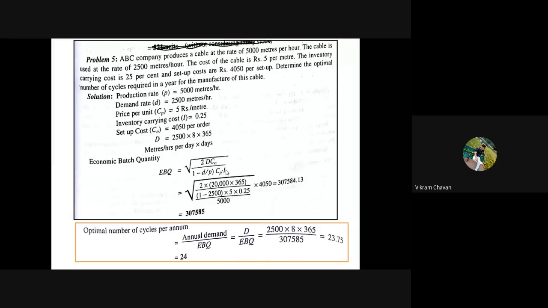Then the cost of the cable is rupees 5 per meter. The cost of the cable is also provided, rupees 5 per meter, so we know the CP value.